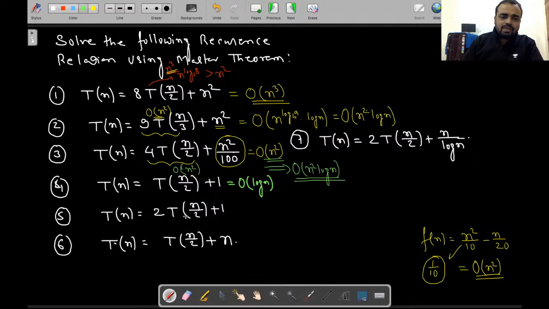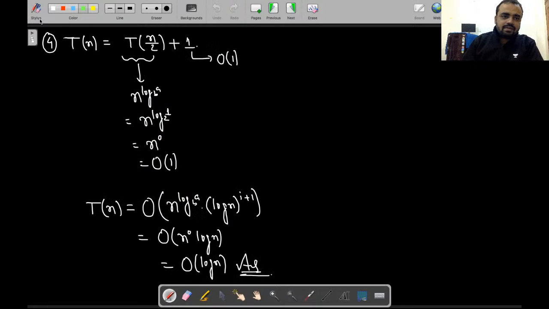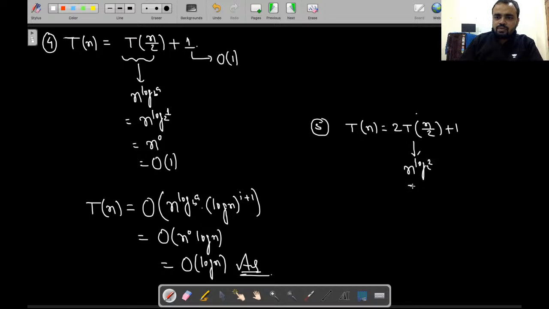Similarly, just think about problem number 5. If you think about problem number 5, it is given as T of n is equal to 2T of n by 2 plus 1. So from this part you are deriving n to the power log of 2 on the base 2. This implies order of n, and of course this is greater than constant time.